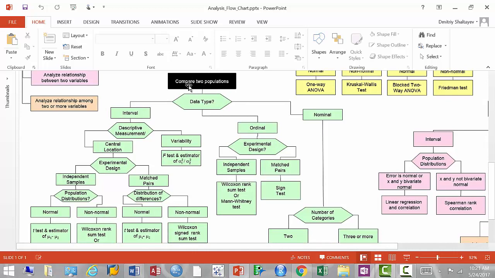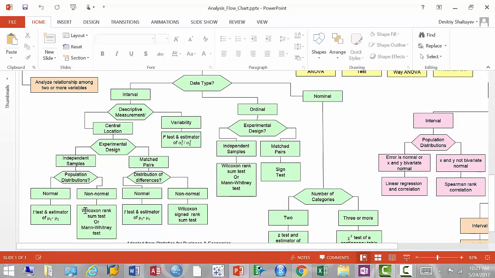We said that if the data are interval and they are independent samples, comparing two populations, and at least one of them is not normally distributed, then we're using something called the Wilcoxon test, sometimes also called the Wilcoxon rank sum test. If data are matched pairs, and your differences between matching observations are not normal, then we're using something called the Wilcoxon signed rank sum test. And these two tests we looked at yesterday.